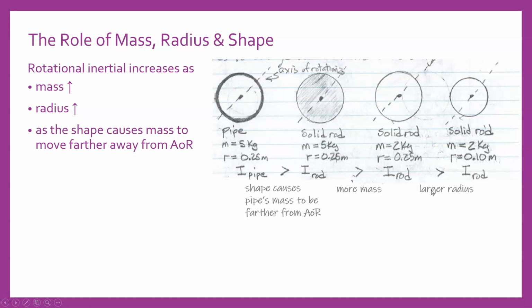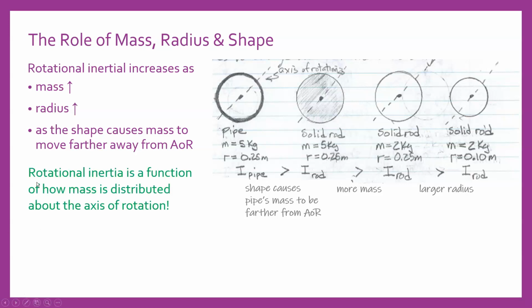The reason it has more rotational inertia is because it has a larger radius, so more of the mass is distributed further away from the axis of rotation. Here, the farthest the mass is from the axis of rotation is 0.1 meters, whereas here we have quite a bit of mass that's more than 0.1 meters away from the axis of rotation.